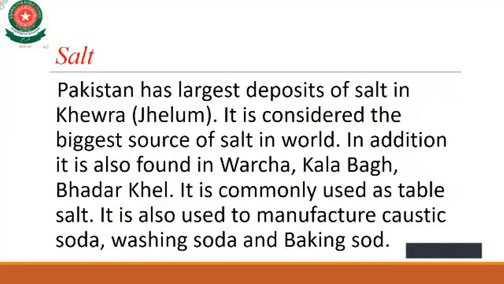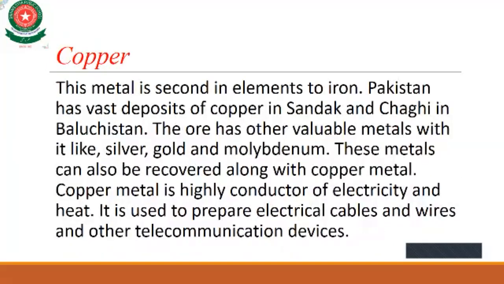In addition, it is found in Vacha, Calabar, and Badarkhail. It is commonly used as table salt for cooking. It is also used in manufacturing caustic soda, washing soda, and baking soda.